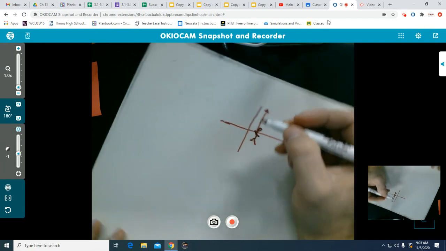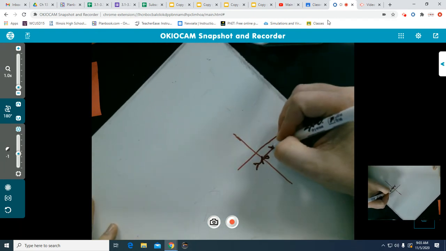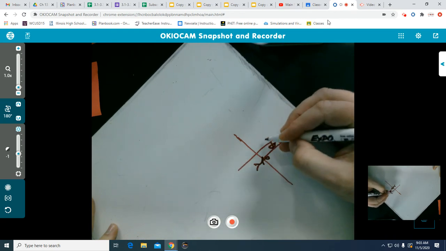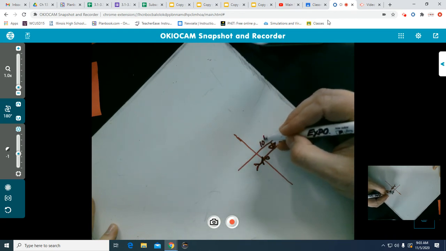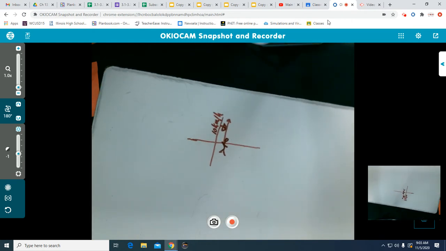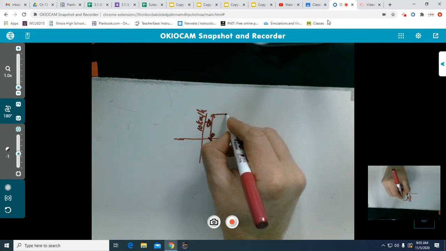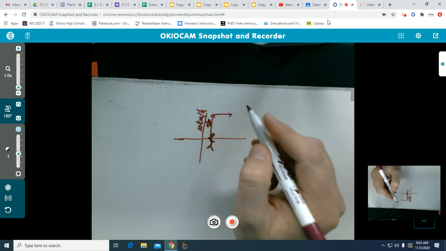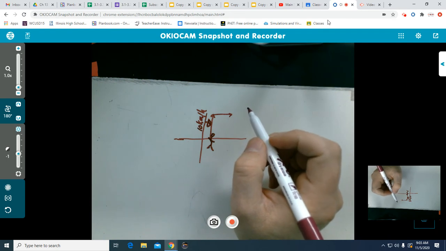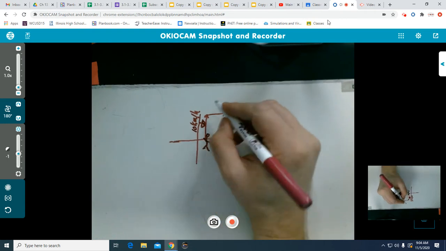Here's a boat, traveling at 10 kilometers per hour. The river is traveling due east. What was the river's velocity? 5 kilometers per hour.